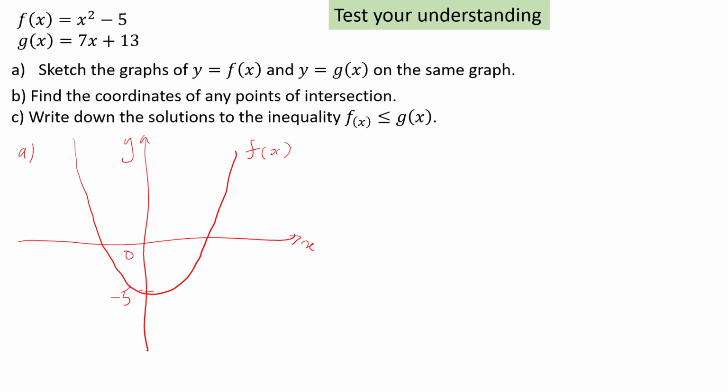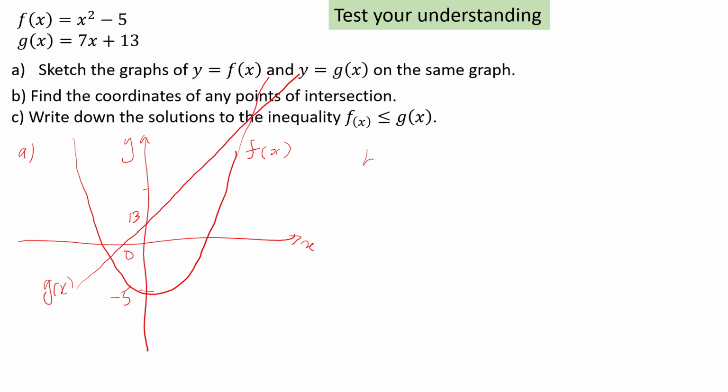Now g(x), y-intercept is 13 and gradient is positive. Yeah, this one is g(x).